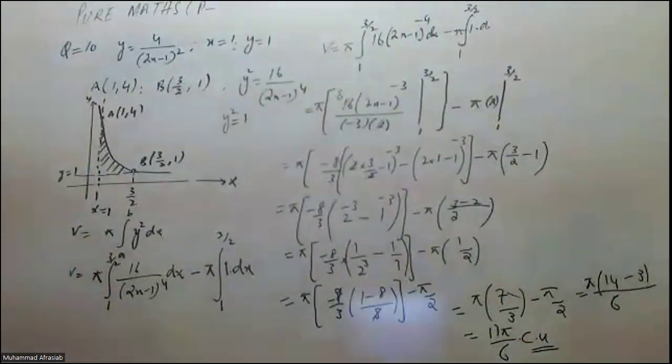That is 11 over 6 pi cubic units for the region which is bounded by the curve y is equal to 4 over (2x minus 1).